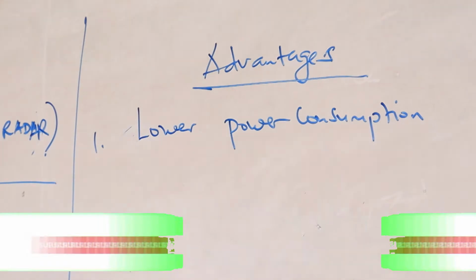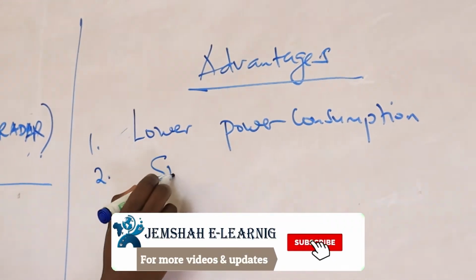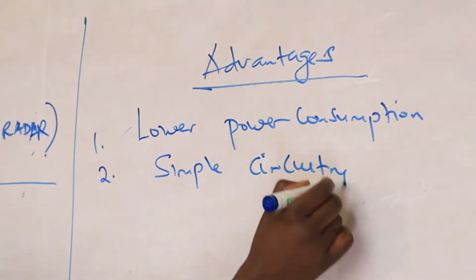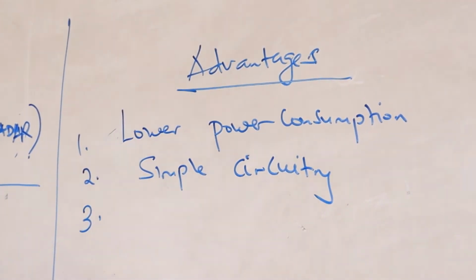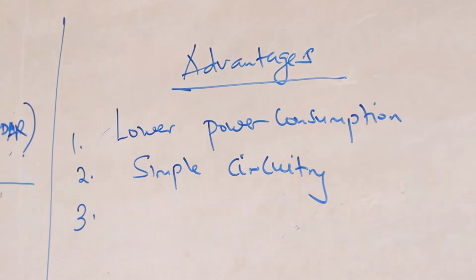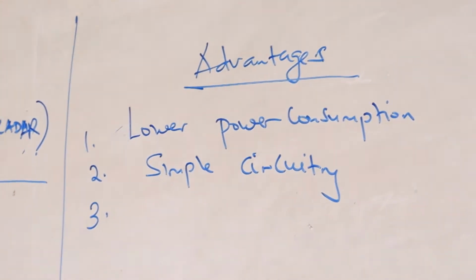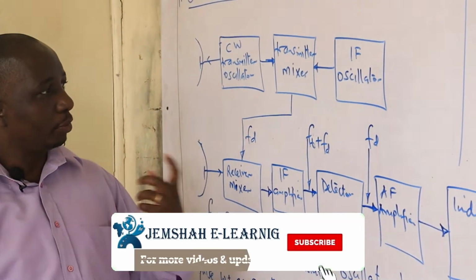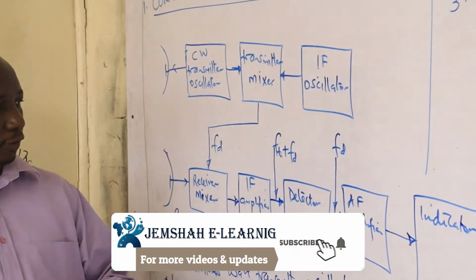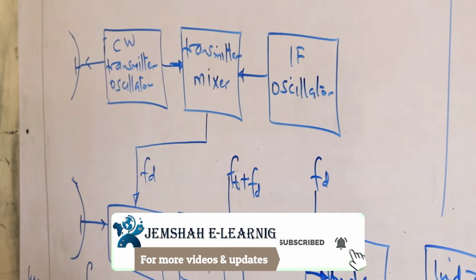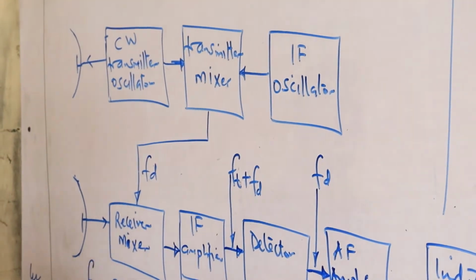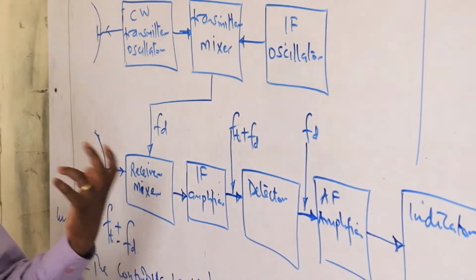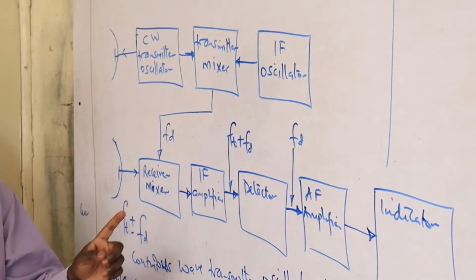Another thing is the simple circuitry. When you look at this, we have the transmit and the receive on a different path, and because of that, we are able to have very little power consumed. And the circuitry is very simple. It appears to be very organized and easy to follow in terms of the signal flow.